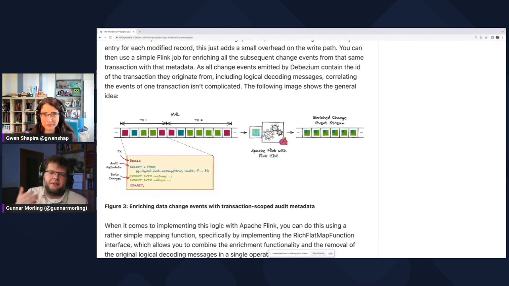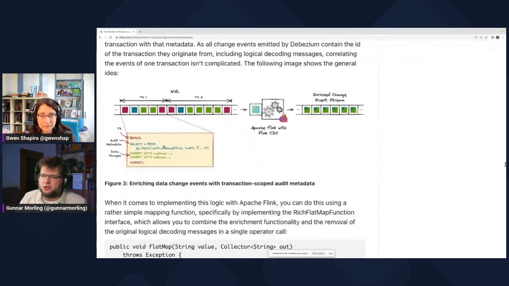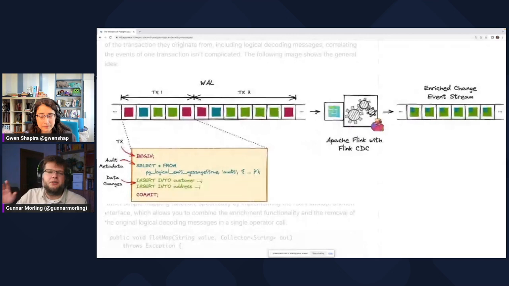So how can we enrich our change events with this metadata? How should we go about it? And again, I feel those logical decoding messages could be an interesting tool there for helping you with that. And by the way, logical decoding messages, and again, a bit of stream processing. So the idea there is, if you do your transactions, at the beginning you emit all this metadata which you want to have, and this could be all the stuff like your business user, timestamps, and what your context should be.